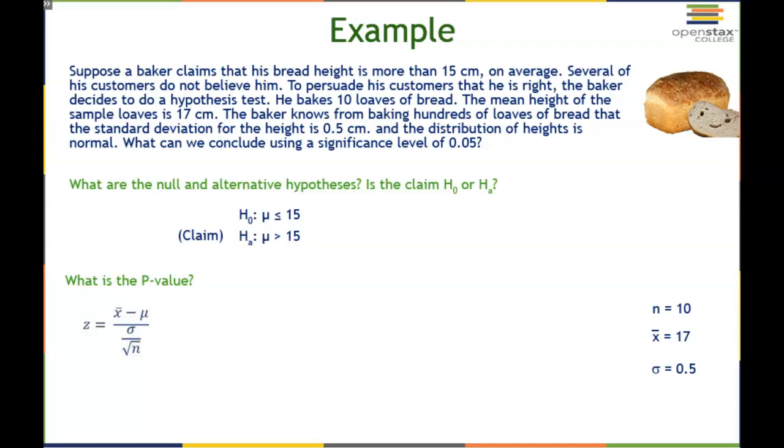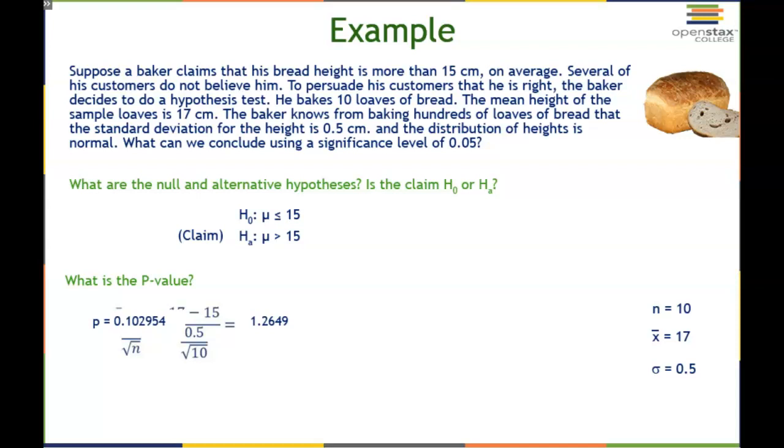So throwing this into the calculation, we get z equals 1.2649. And if we threw this up on the web to find our p-value, or we throw it into the TI-84 using our normal CDF, we get the p-value of 0.102954.